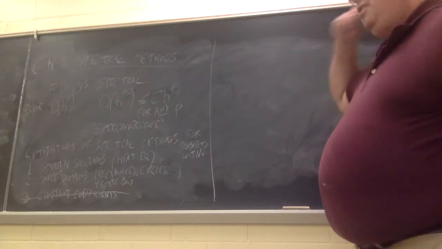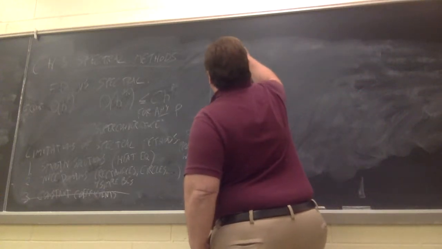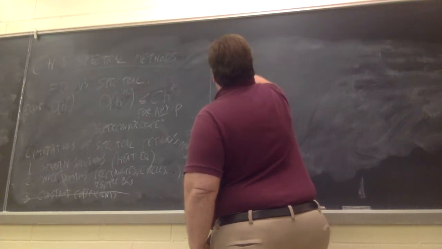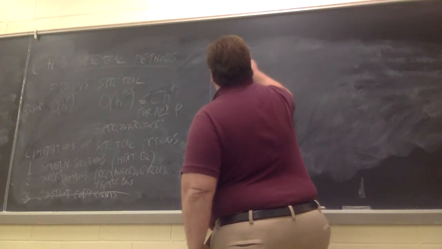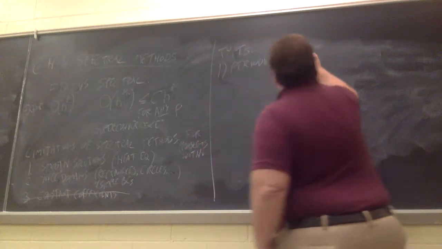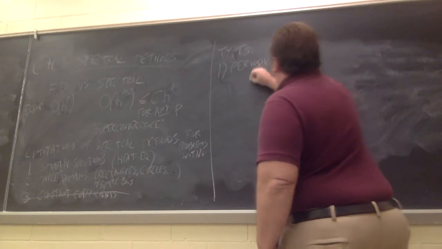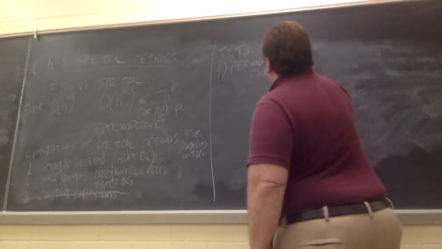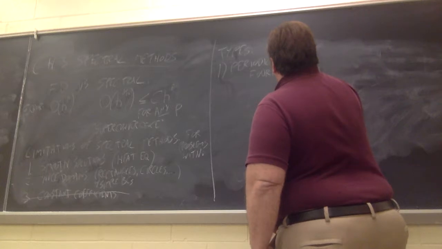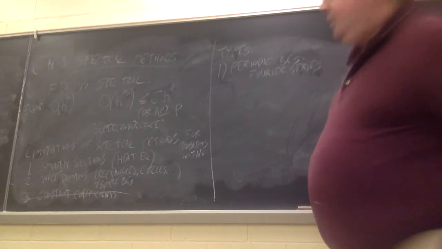Now, in this chapter, I'm going to cover two types of spectral methods. First, if we have periodic boundary conditions, then that calls for representing your solution using a Fourier series.